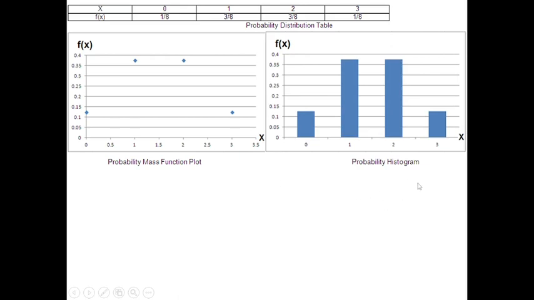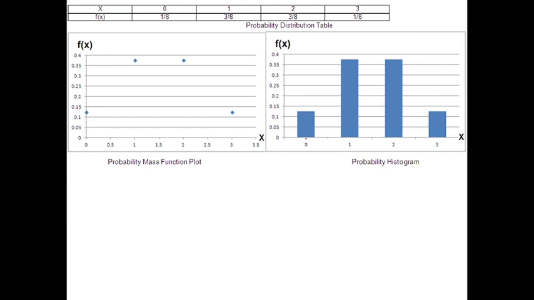We can also represent our probability distribution by means of a probability histogram. So we have the same x-axis and f of x-axis. We have x equals 0, x equals 1, x equals 2, and x equals 3.